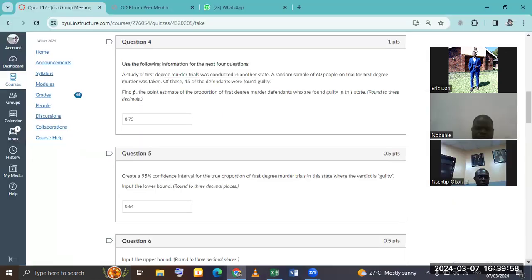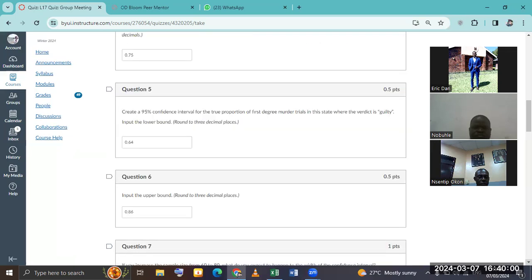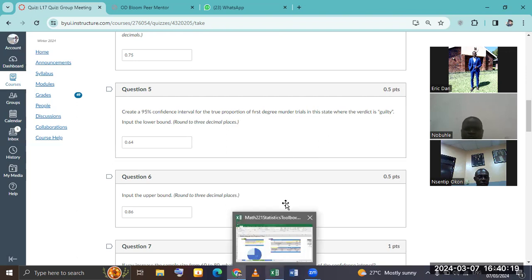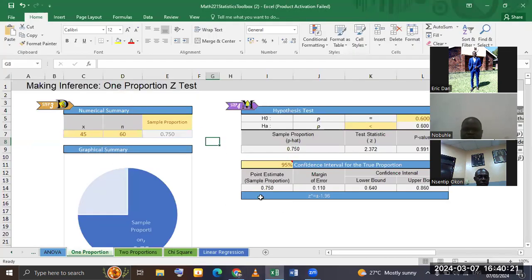And then question 5. Question 5 says, create a 95 percent confidence interval for the true population proportion of first degree murder trials in this state where the verdict is guilty. Input the lower bound. So we just go back. Since we've already been given this information, we just insert 95 right here.